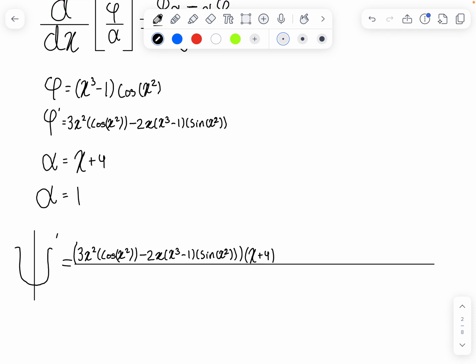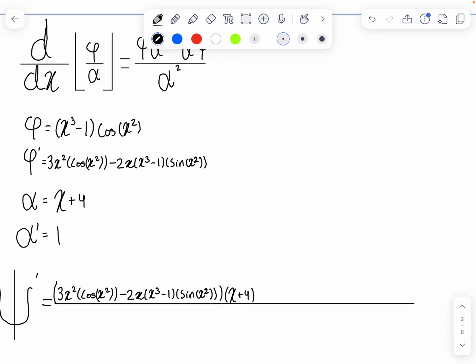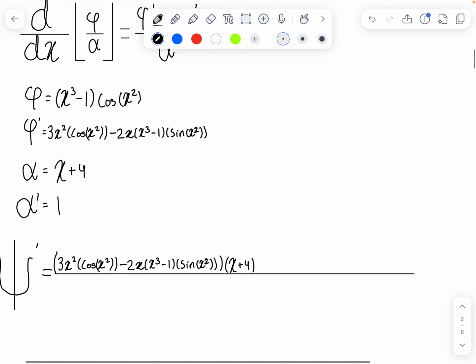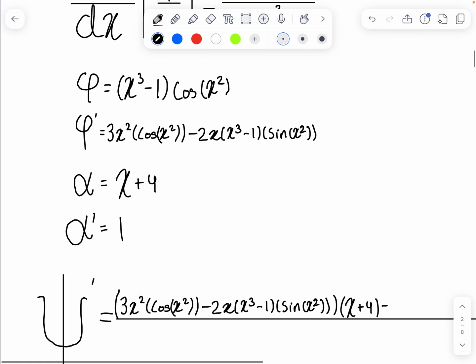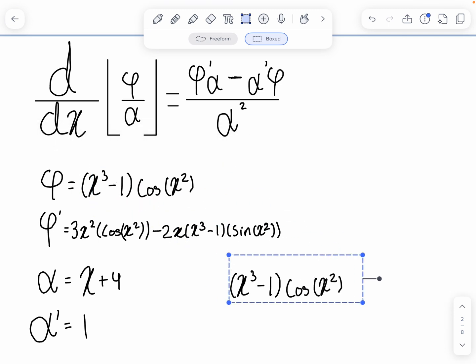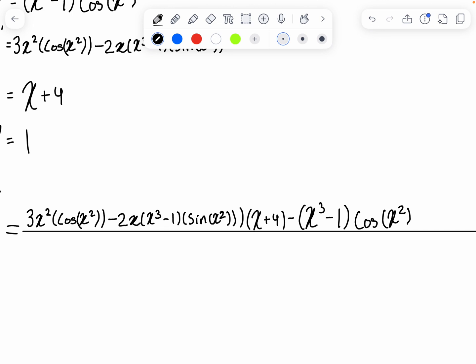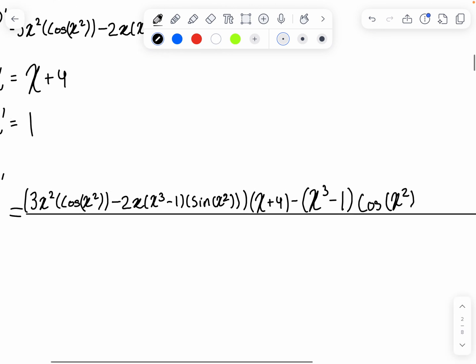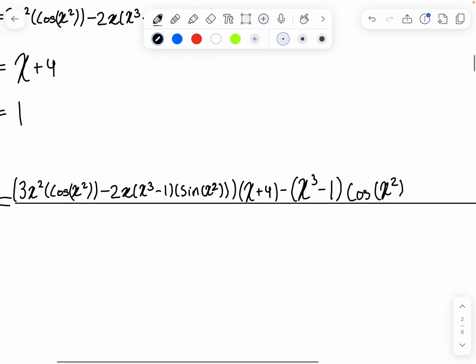Okay, and now it's minus alpha prime times phi. So since alpha prime is just 1, we can just write phi. And for the bottom, we just have alpha squared, so it's just x plus 4 squared.